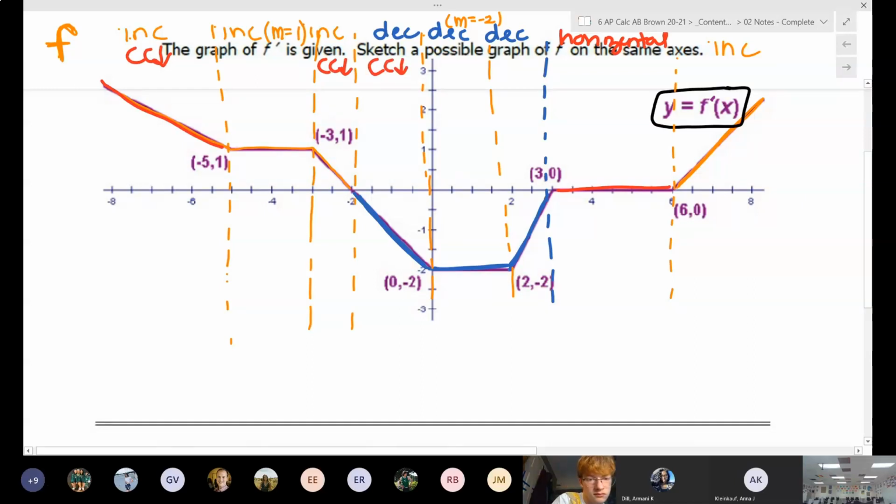Whenever my derivative is increasing, my function is going to be concave up. If the derivative is not increasing or decreasing, then it has no concavity, and that's why we're going to have a straight line there on the graph.